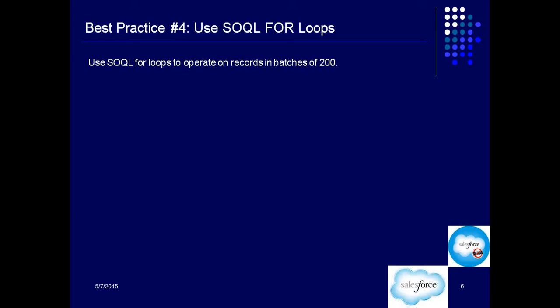But SOQL for loops operate on records in batches of 200, so it keeps on operating in batches of 200, and it can take care of any set of records. So when dealing with a big set of records, you should write SOQL for loops.